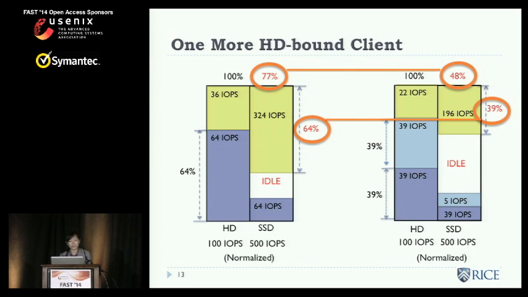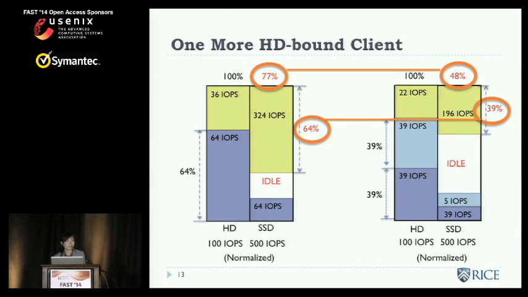So let's compare the two cases we just mentioned. The left figure shows the allocation for two clients with hit ratios 0.9 and 0.5. The right figure shows the allocation when there's one more HD-bound client in the system. By comparing the two cases, the allocation to client 1, which is the green part, is reduced from 64% of the SSD to 39% of the SSD.